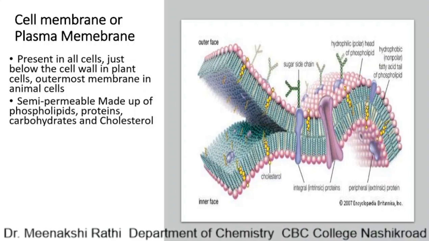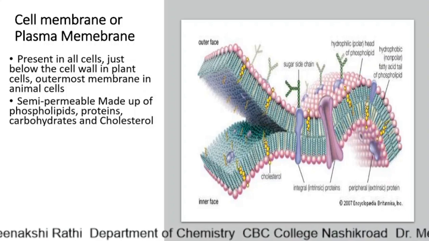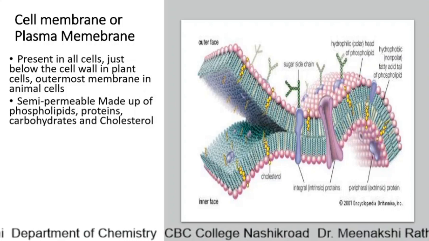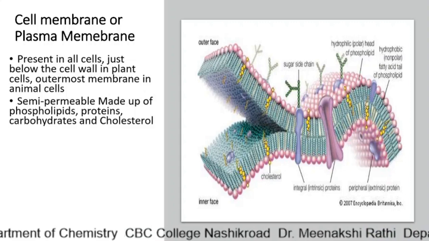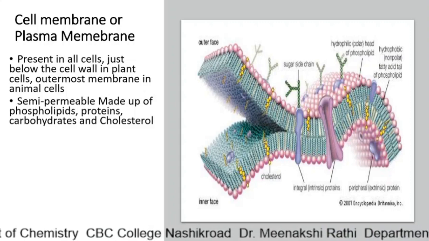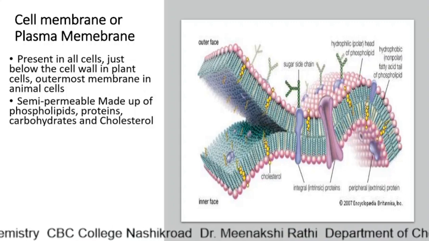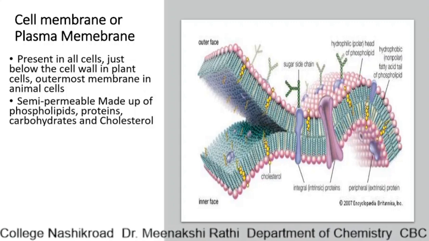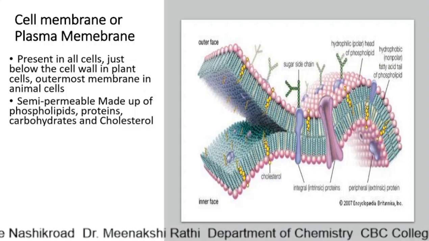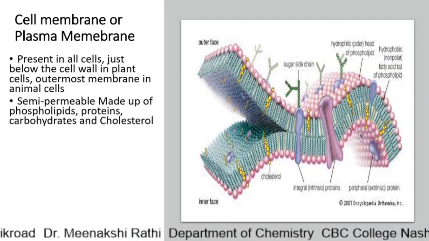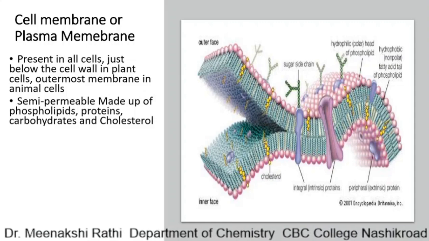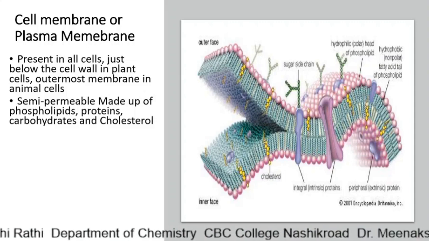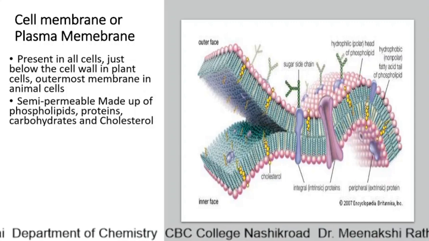Because in an animal cell the cell wall is not there, the plasma membrane is the outermost layer, and in a plant cell it is present below the cell wall. The cytoplasm is surrounded on the outer side by a thin and flexible membrane, which is known as the plasma membrane or plasma lemma.